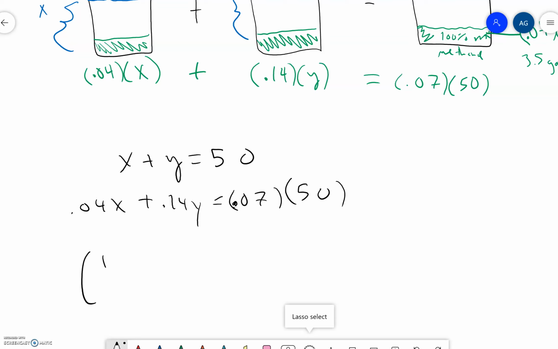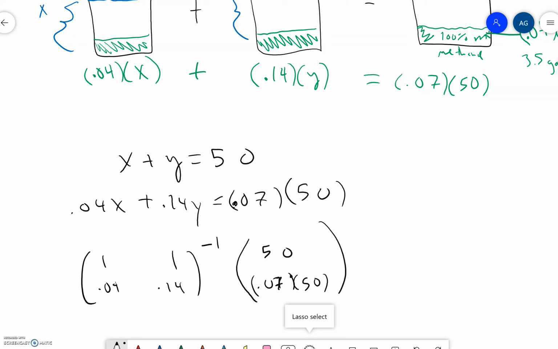So our matrix is going to be [1, 1; 0.04, 0.14], inverse, and then I'm going to multiply that by [50; 3.5]. I'm being kind of lazy here, but this is going to be my final computation, and this will give me my answer. When I compute this, it's going to come out to be my values for the 4% and the 14%. That'll give me the answer that I want.